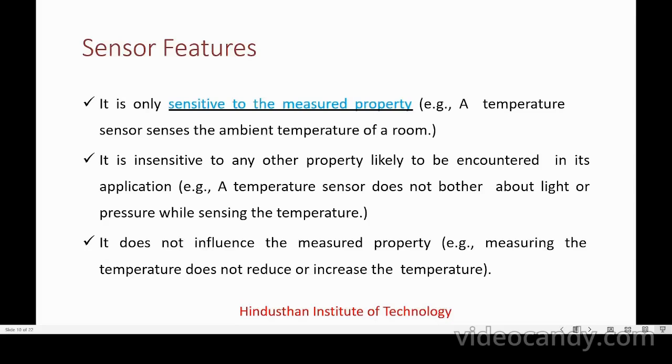For example, a temperature sensor senses the temperature, at the same time it does not bother about light or pressure in the room. Third feature of a sensor is it does not influence the measured property. That means we can measure the temperature using a temperature sensor, and this temperature sensor does not reduce or increase the temperature in a room.